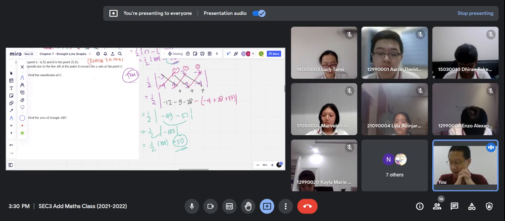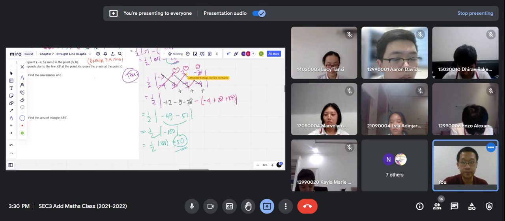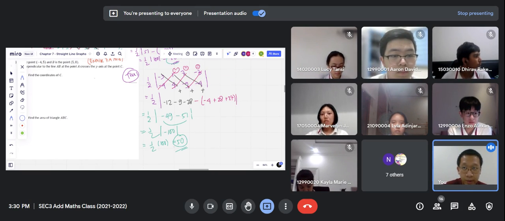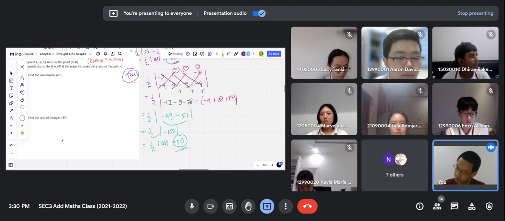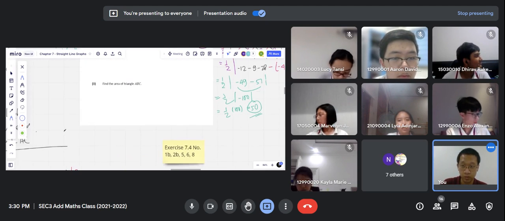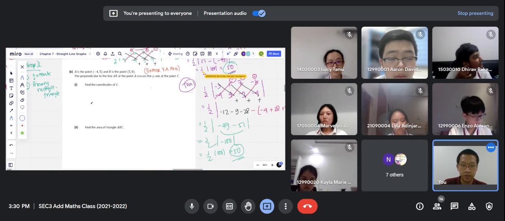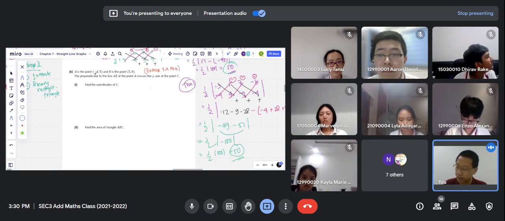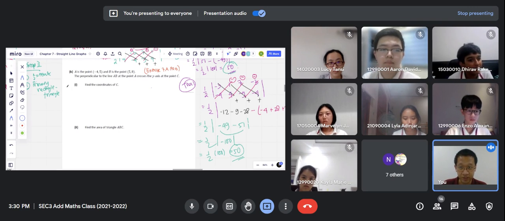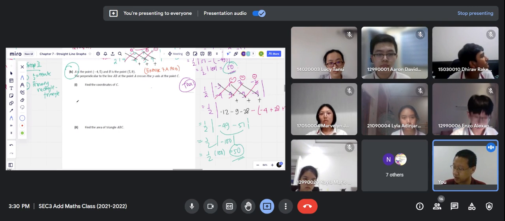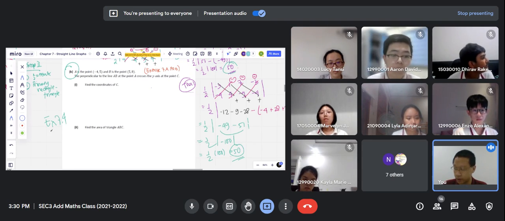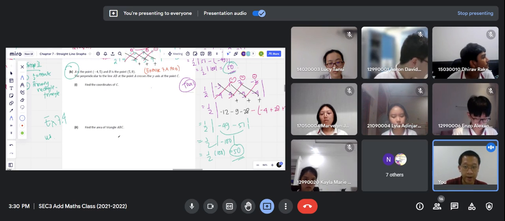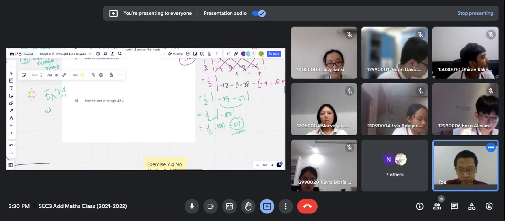Before we end, though there are many exercises that you could do, I just give you two exercises that I hope at least that you could submit. First, the one on the assessment, and the other one is exercise 7.4, number 1B.